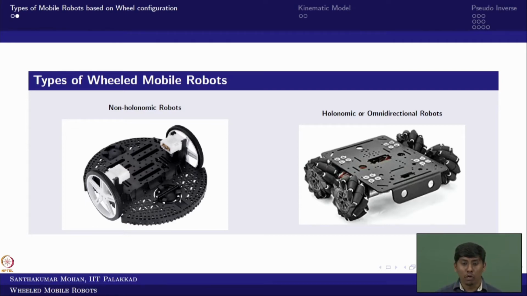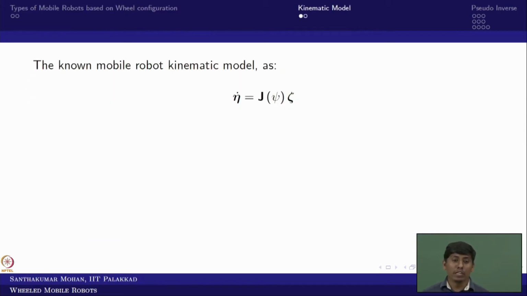So now we will move forward to why the generalized wheel model is required and why the W matrix comes into the picture. So now we will recall. The known mobile robot kinematic model is eta dot equals J psi into zeta.